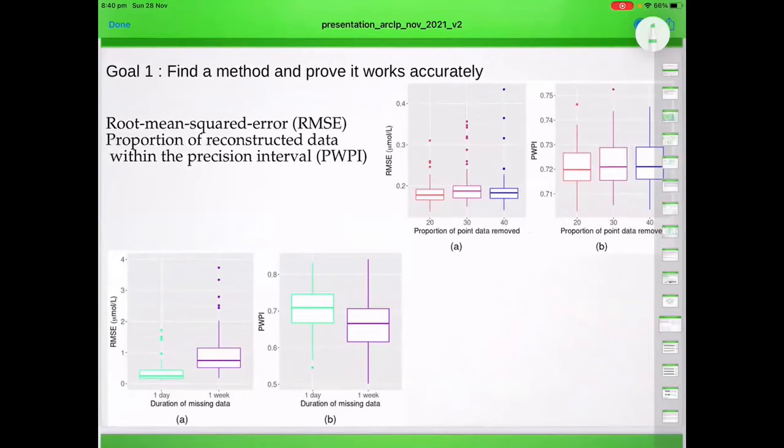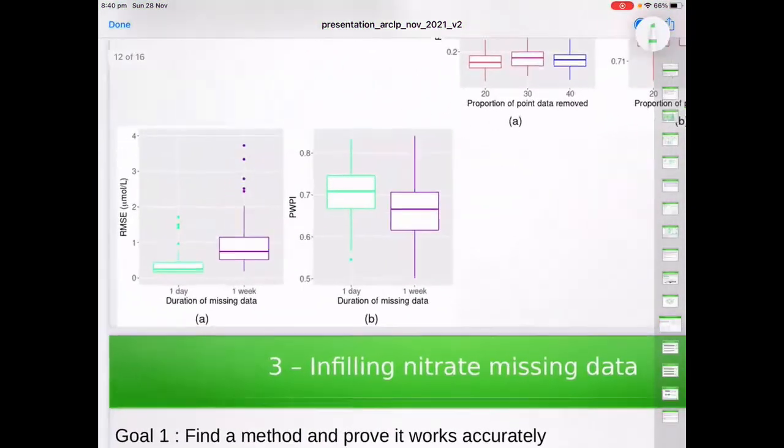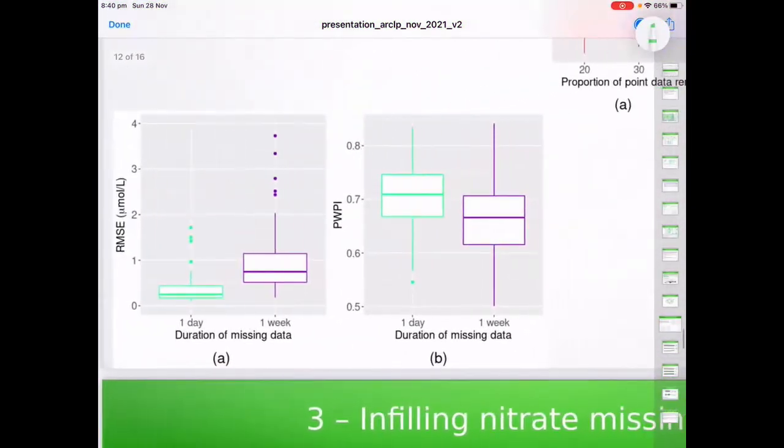But now, these two box plots are more interesting. This figure is when you remove some data as a sequence of data in 1 day or 1 week. Of course, we expect that if you remove a longer sequence of data, we will have more trouble reconstructing the data.